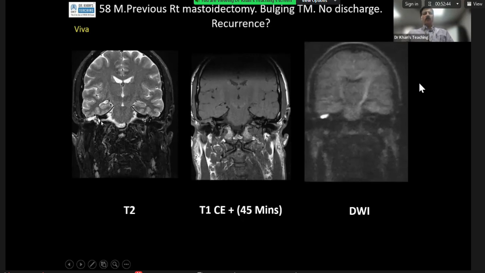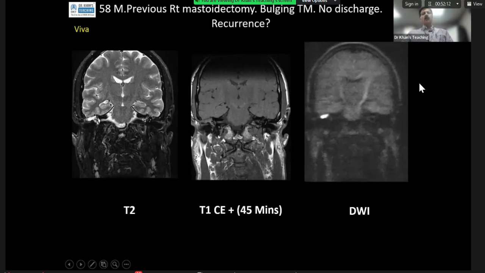Now, cholesteatoma will be high signal on T2 weighted sequence, and it will show restricted diffusion. So you did very well where you picked it up. If it was only fluid, it will be high signal on T2, and it will not show restricted diffusion. Granulation tissue can be high signal on T2, but it can show delayed enhancement, because granulation means fibrosis.